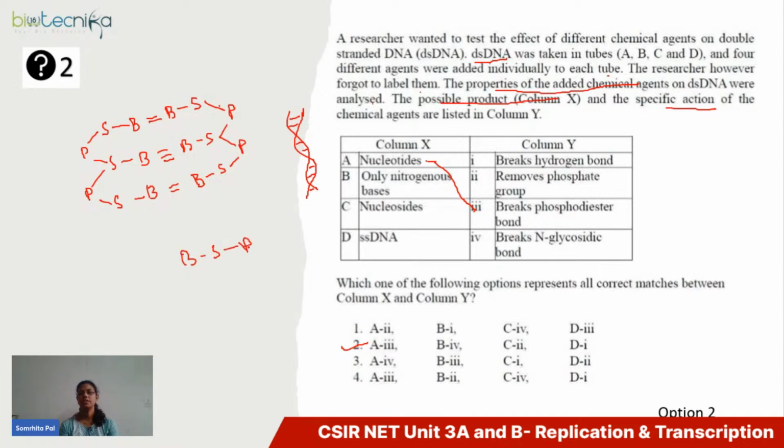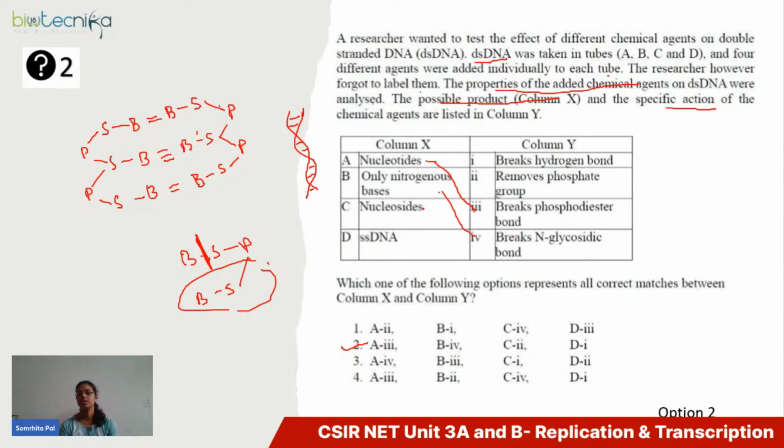If you want to get this, then you obviously have to break the phosphodiester bonds which are formed. Next, only nitrogenous bases, if you want to get, that means this bond you have to break. This is the glycosidic bond. So with this you have B with 4.